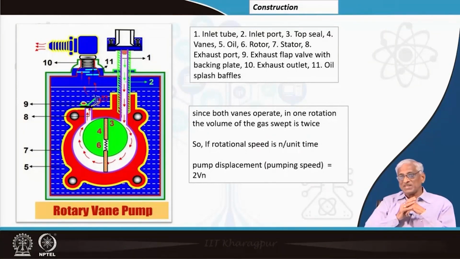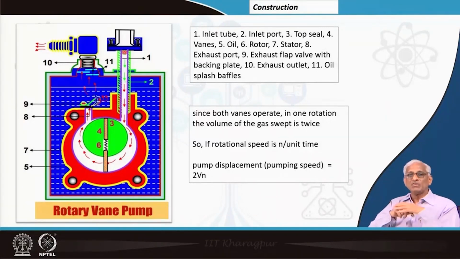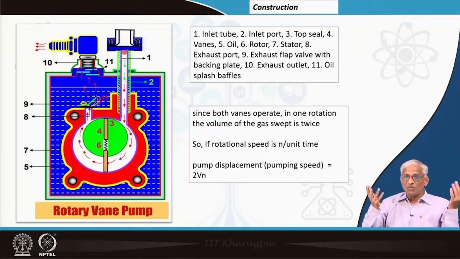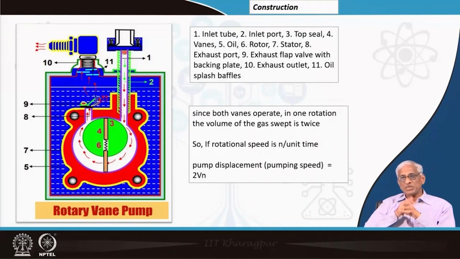In order to have three structures, we have to have an eccentricity of the rotor in the stator. If somebody asks why the rotor is eccentric in a rotary vane pump, you should immediately say that only then, in a rotary frame with two vanes and one top seal, will there be three touching points; the top seal will not vary with time, but the touching points of the vanes will vary. You will start getting three volumes. One is a suction volume, one is a sweeping volume, one is a compression volume. That is the reason it is to be eccentric.